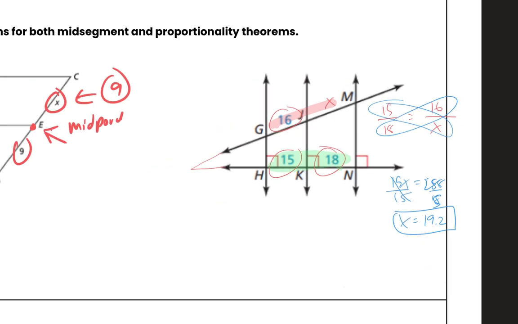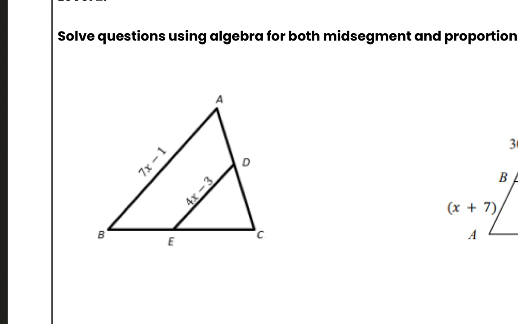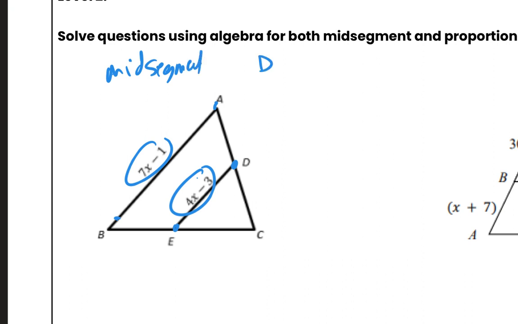Okay, so keeping that in mind, now let's look at the level 2 question. This one looks quite difficult, but I know you can get this. So what are these? These are mid-segments. So if we know the mid-segments, then if this is DE, DE is equal to 7x is equal to AB divided by 2.